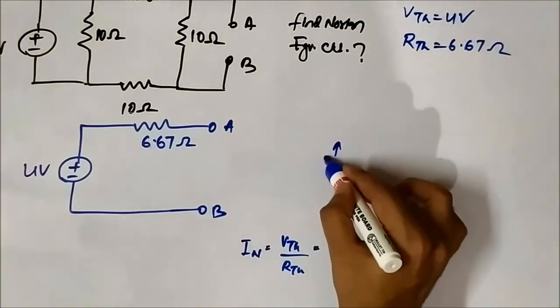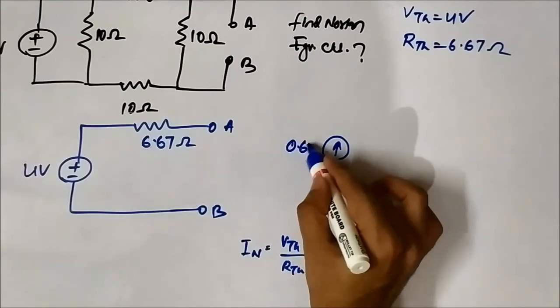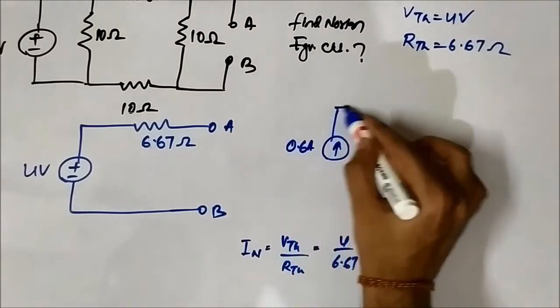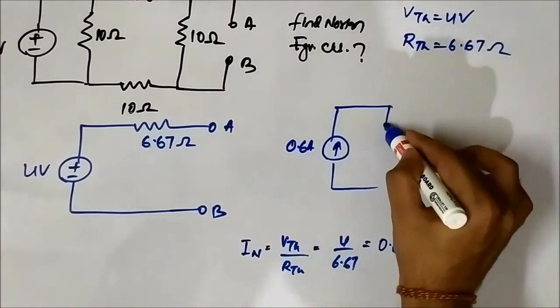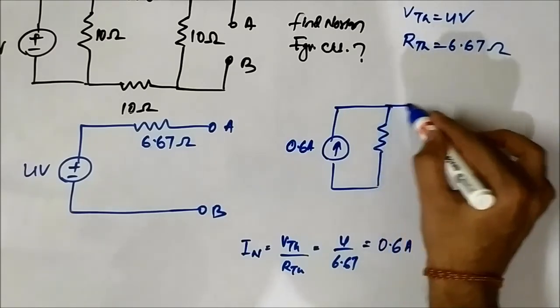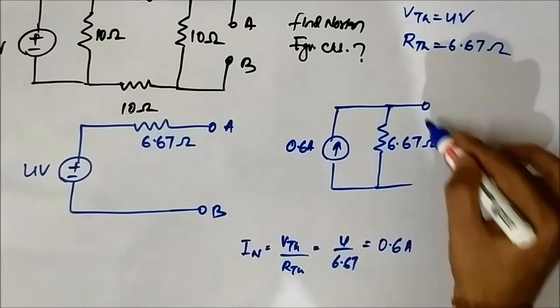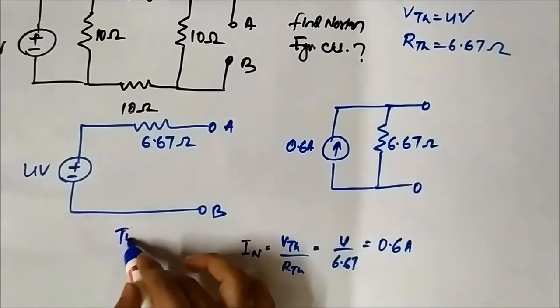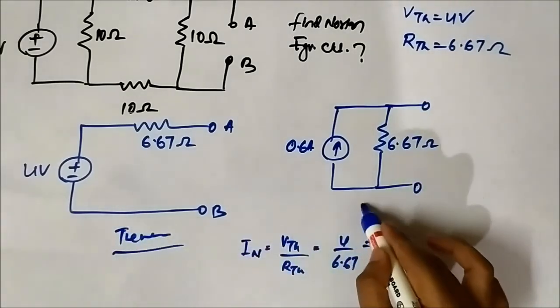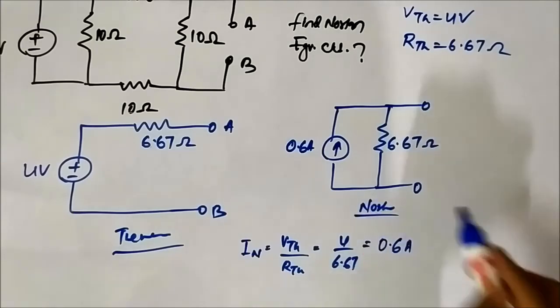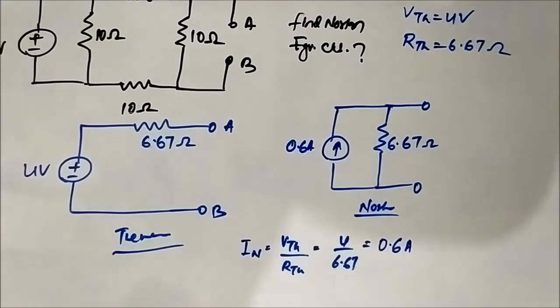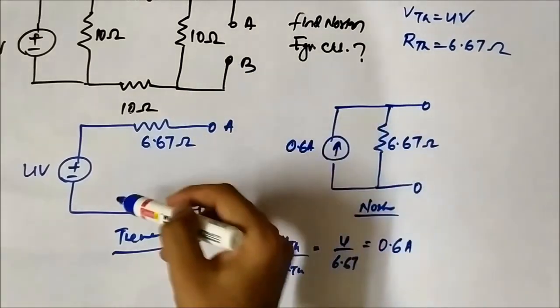The Norton circuit is 0.6 ampere, and the same resistor 6.67 ohm will be connected in parallel across it. So this is the Thevenin circuit, this is the Norton circuit. So we have got the Norton equivalent circuit from the Thevenin circuit.